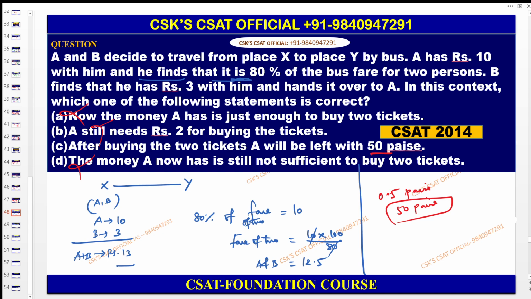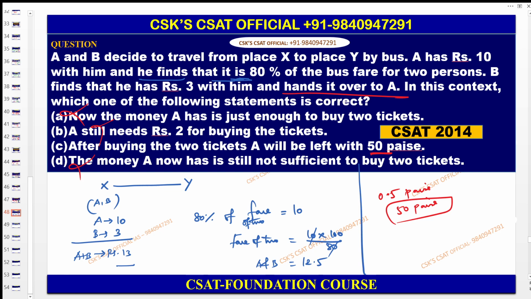Listen very carefully. B handed it over to A. So therefore you need to add that money and then you need to compare that. Don't compare with 10 rupees. Please remember, don't compare with 10 rupees, since the question is here. If you check with the C option, A will be left with rupees 15.